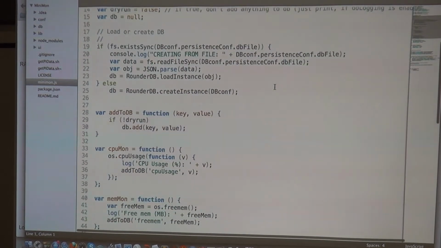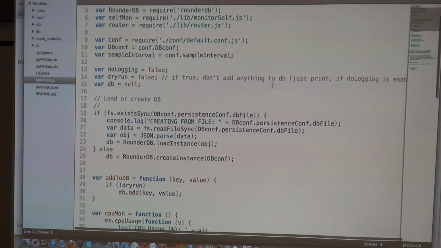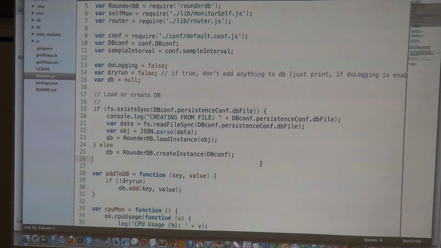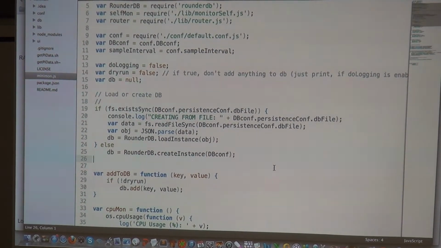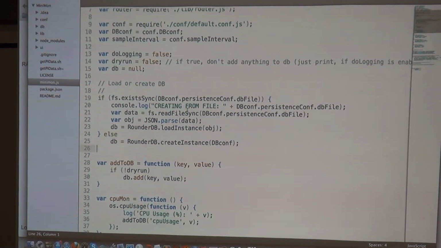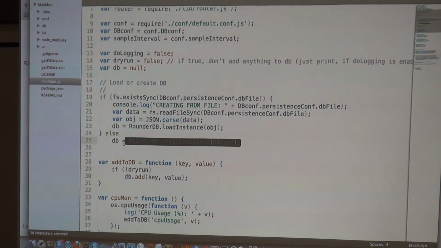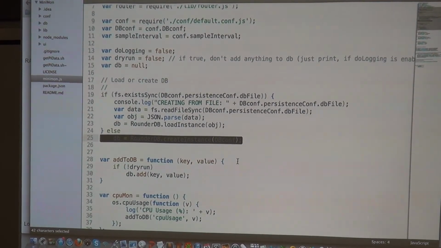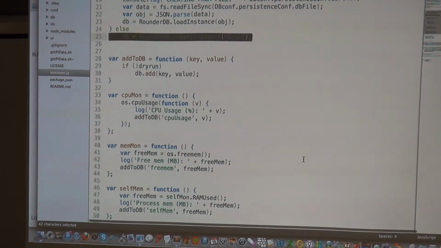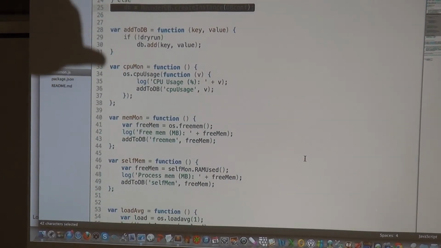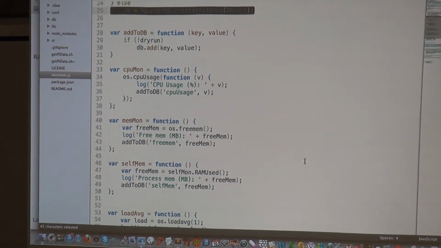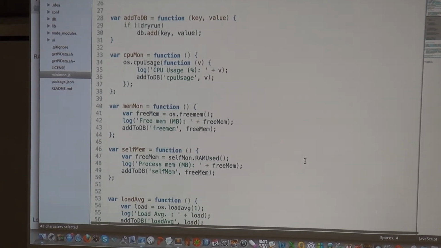So this is me reading the conf. This would be an applied example of using the database. So either there exists a DB file on disk, or otherwise, well, there was no database, he wants a database, create it. And by the way, you can configure it to run in memory completely, so no persistence at all if you just want to do memory.